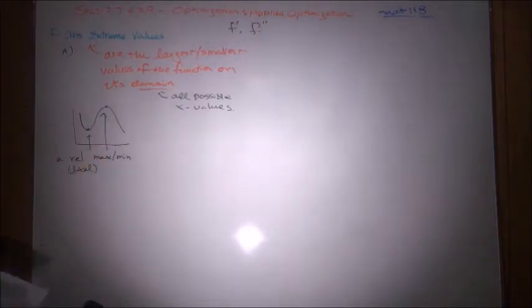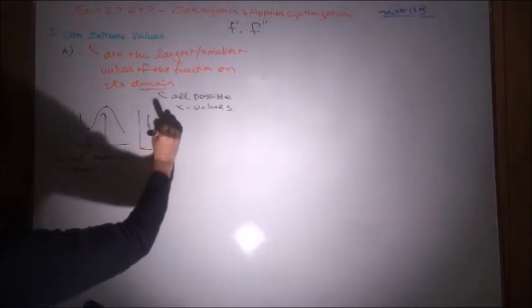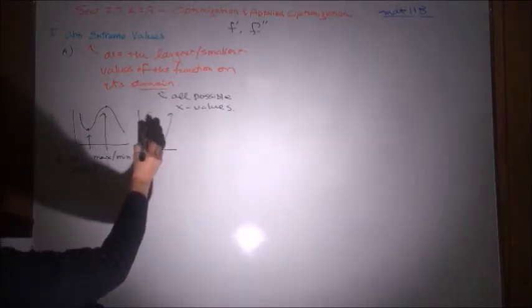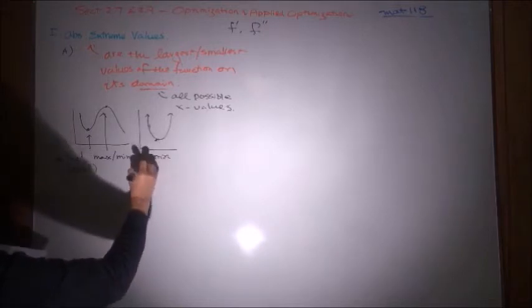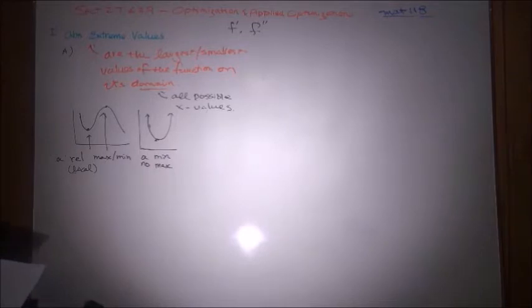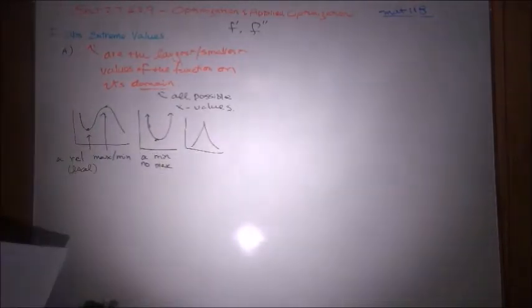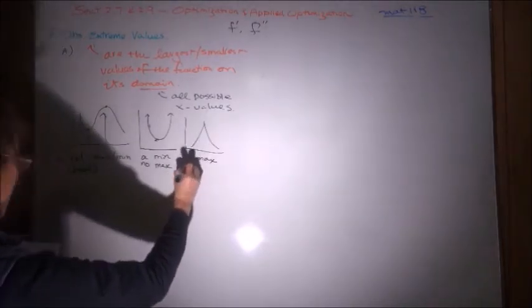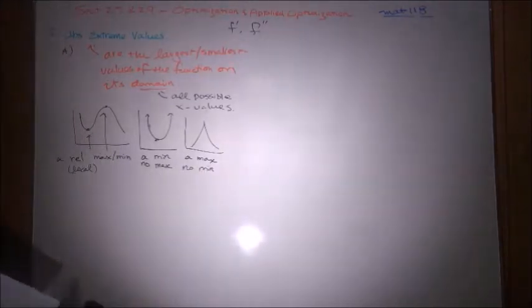Concept like this. Then if you have a graph like this, then what do we have? We have a minima, right? But we have no maximum. If we have a situation like this, then we have a maximum, then we have no minimum, right?